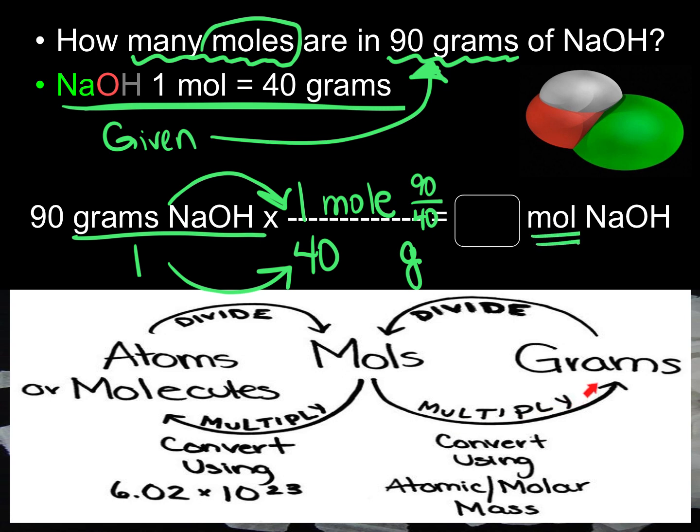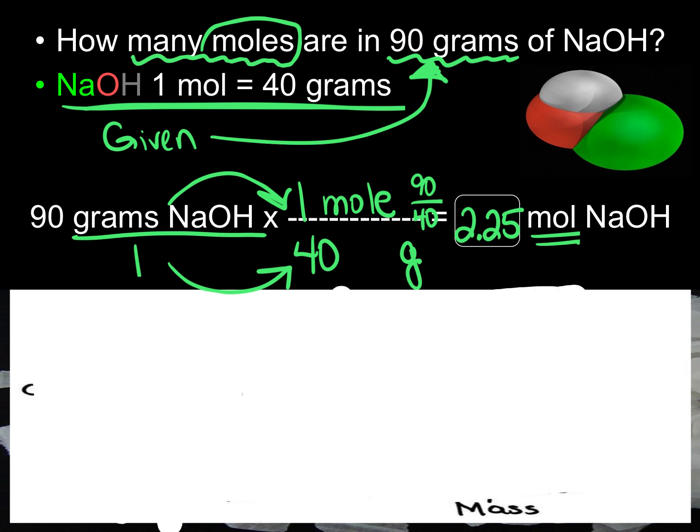So what we just did here is we went from grams and we divided by the molar mass to find out how many moles that would be. So this would be 2.25 moles.